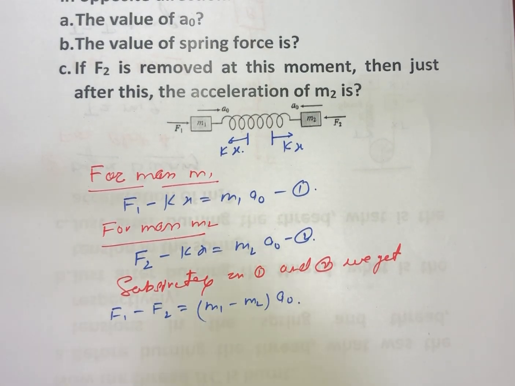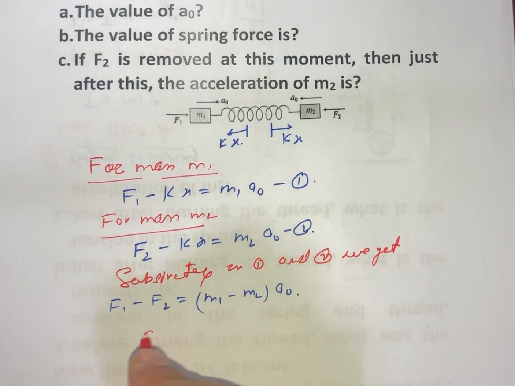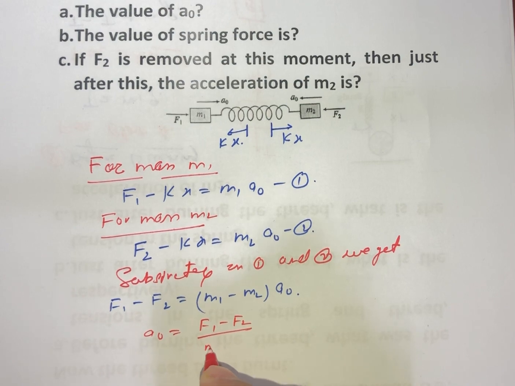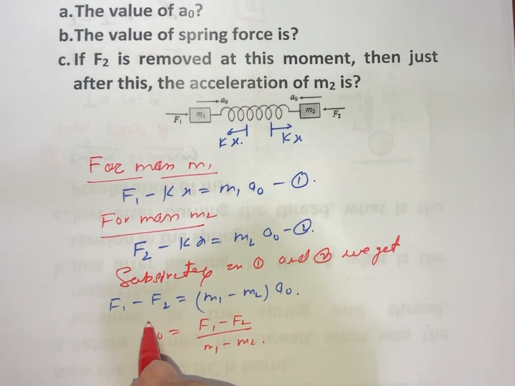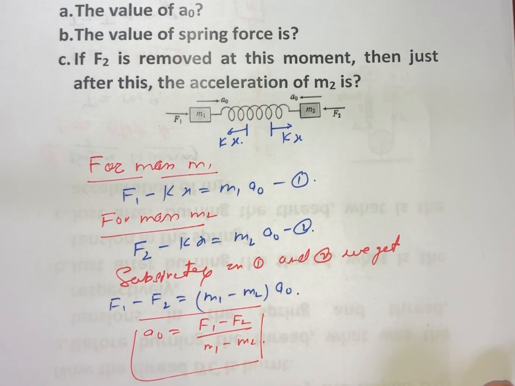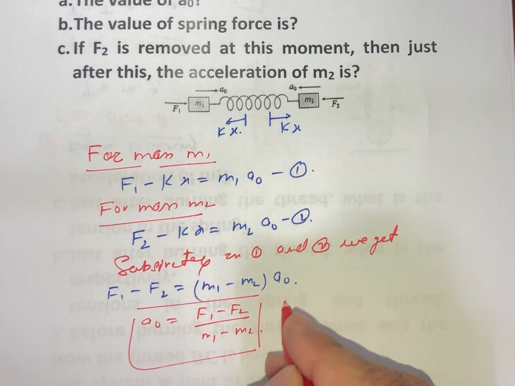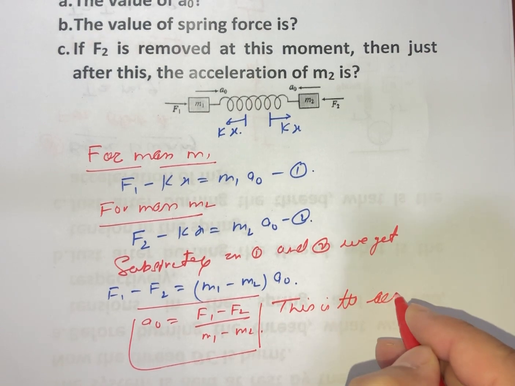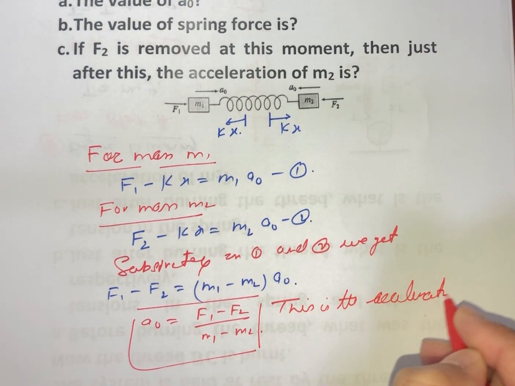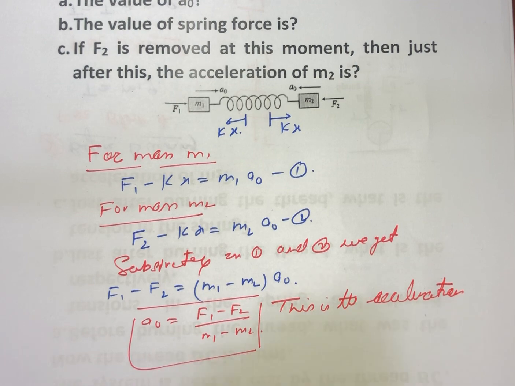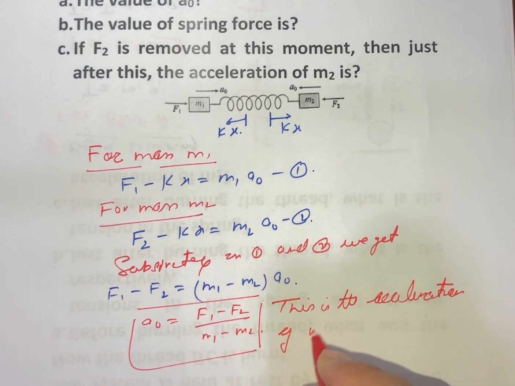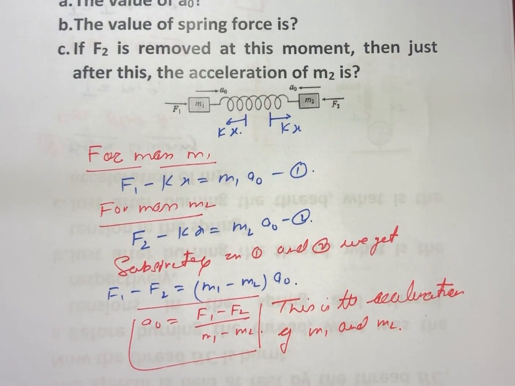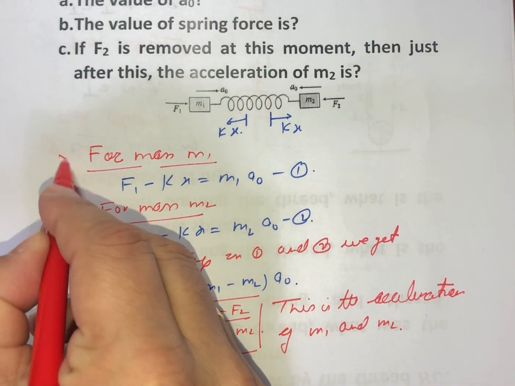So from here you can write that our a0 will be equal to (F1 minus F2) divided by (m1 minus m2). So this is the acceleration of m1 and m2. So this is the first part.